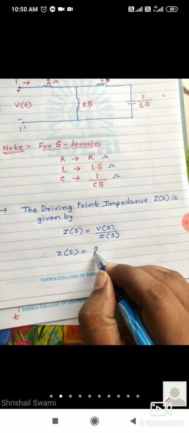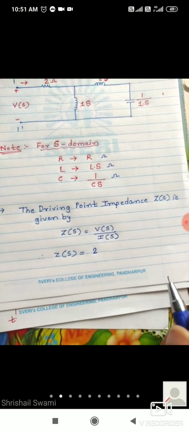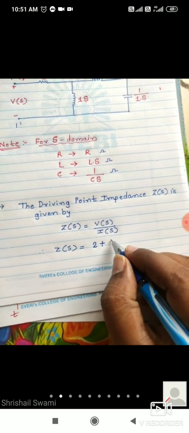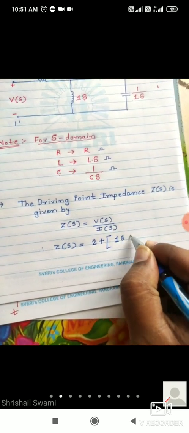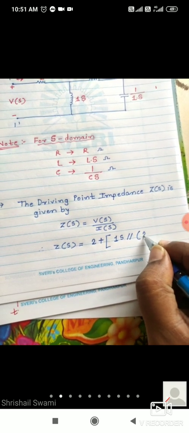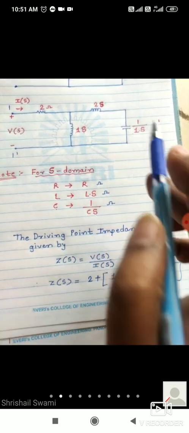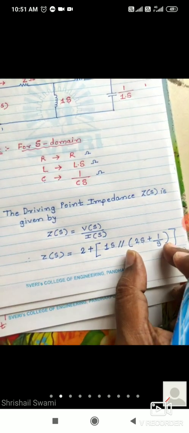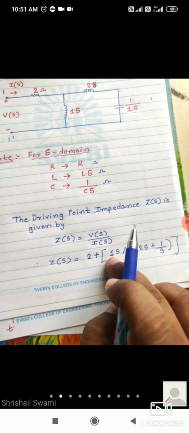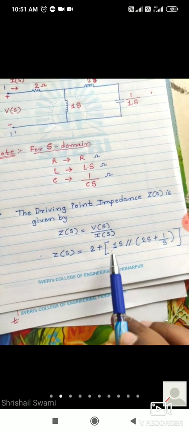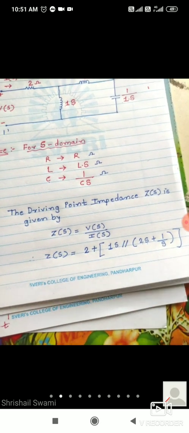Same way you can write here 2 plus 1s in parallel with 2s plus 1 upon s. 2s and 1 upon s are in series, so take the addition. That series combination is in parallel with 1s, and that total combination is in series with this 2. So solve this bracket and you will get the answer now.